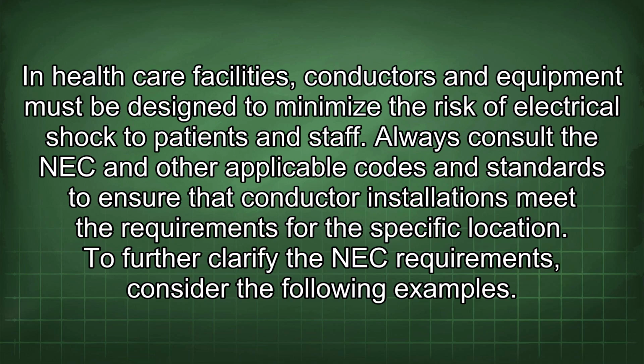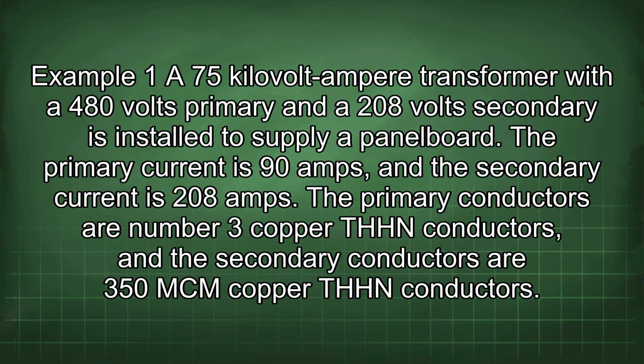To further clarify the NEC requirements, consider the following examples. Example 1. A 75 kVA transformer with a 480 volt primary and a 208 volt secondary is installed to supply a panel board. The primary current is 90 amps and the secondary current is 208 amps.